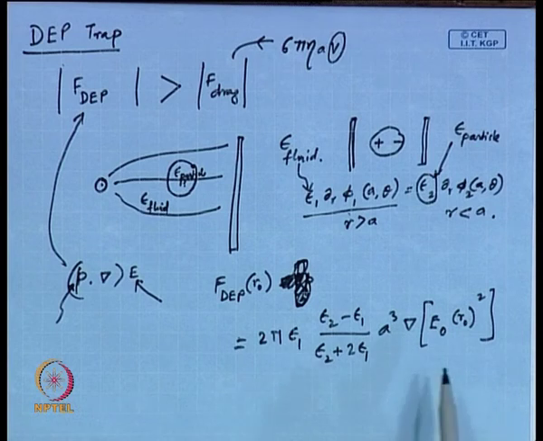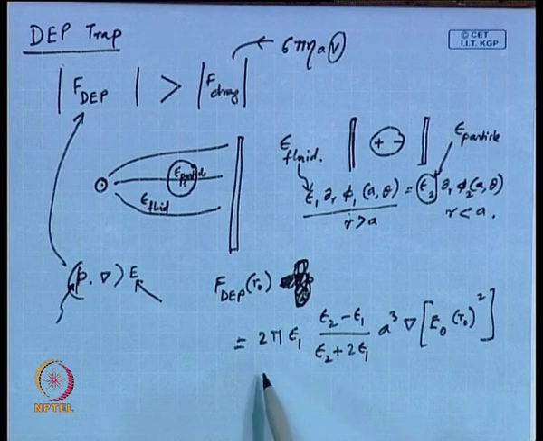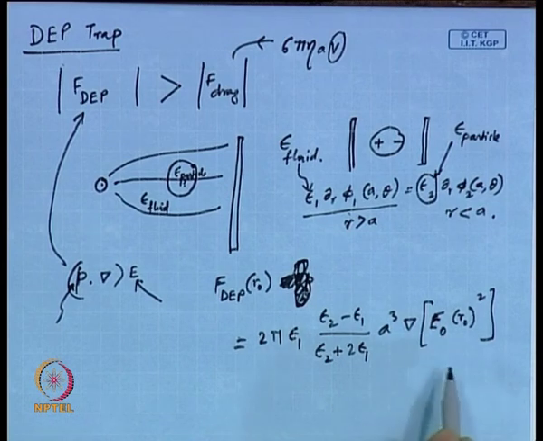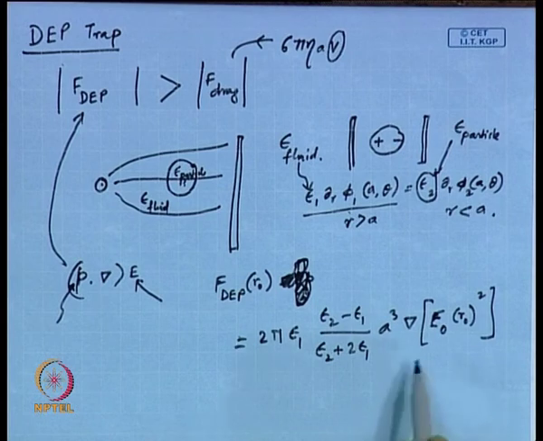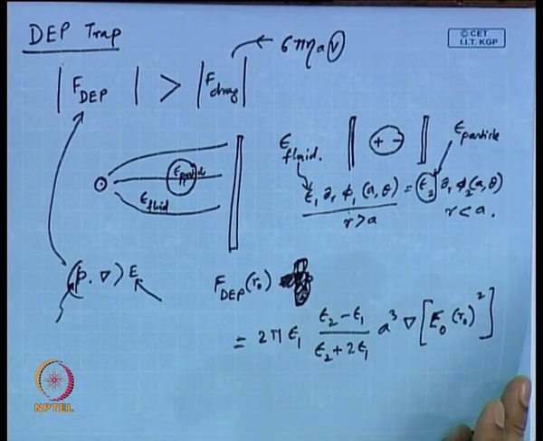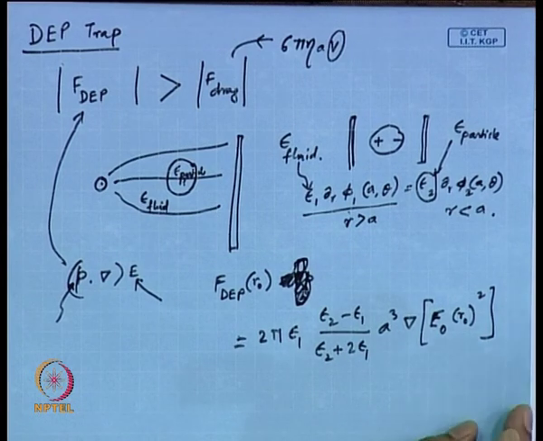This is what we have done in the last class, and here we had an identity to work with. Near the end of the last class we discussed that identity, and you should go back and check it yourself. This is the final expression that you end up with. Now this is FDEP.